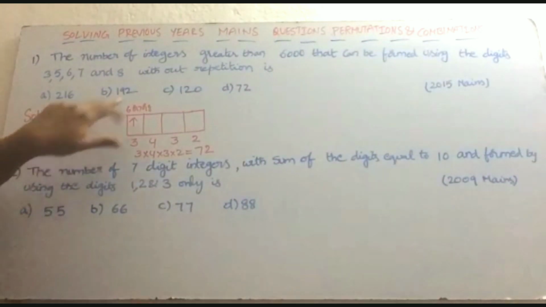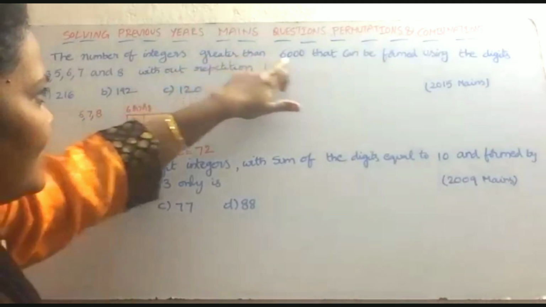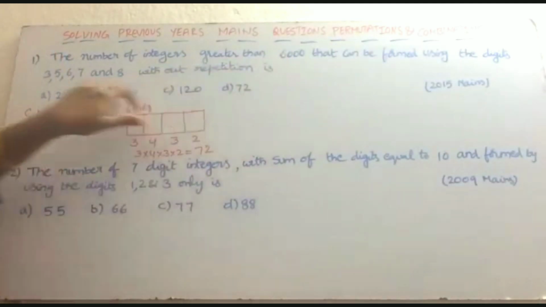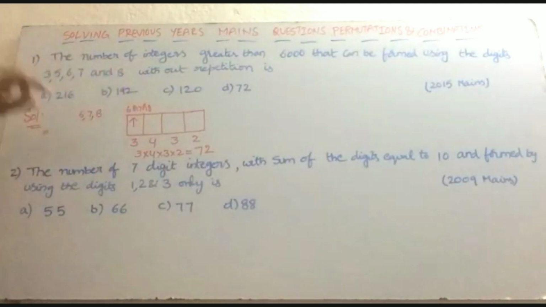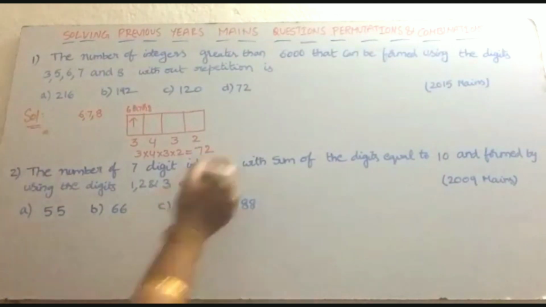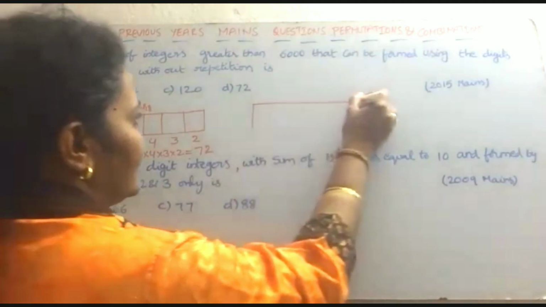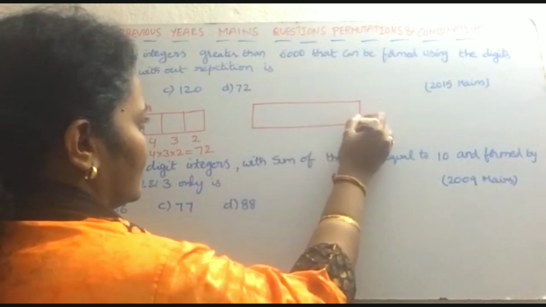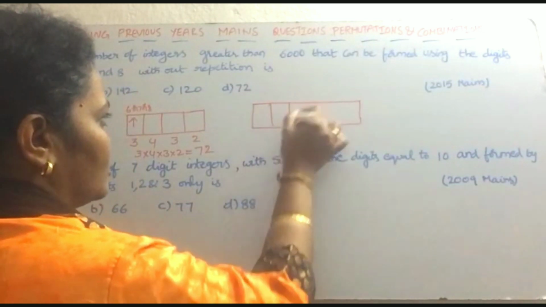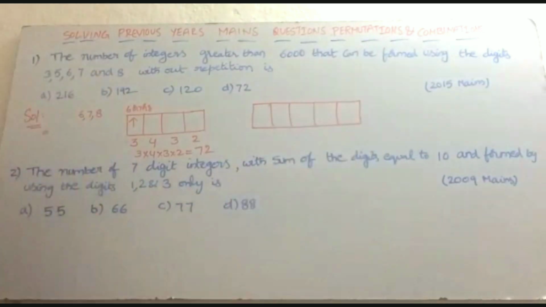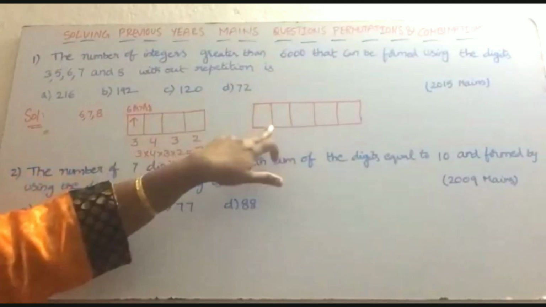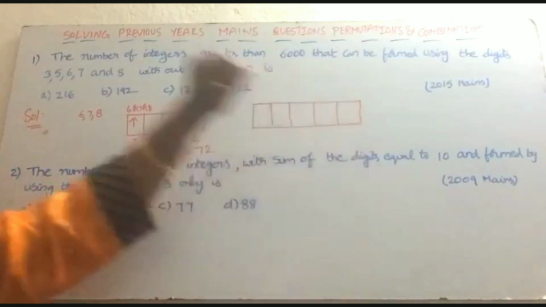They are asking for numbers greater than 6000, and they gave 5 digits, so we also have 5-digit numbers.